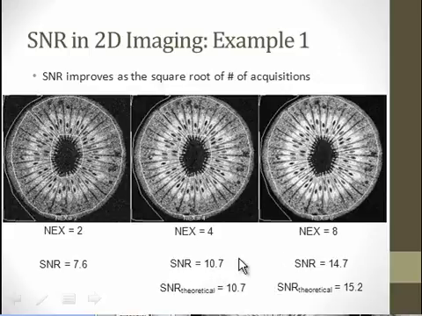Now, going from 2 to 8, we should see an increase of square root of 4, because we've gone from 2 averages to 8 averages, so we've increased our number of acquisitions by 4. By taking the square root of 4, we get 2, so our SNR should have doubled. Our theoretical SNR was 15.2. We almost achieved that. You're not always going to get the theoretical maximum SNR improvement, but you should get very close to it.